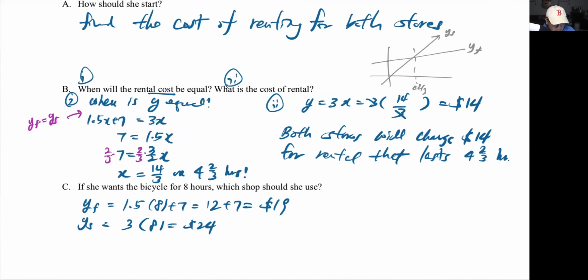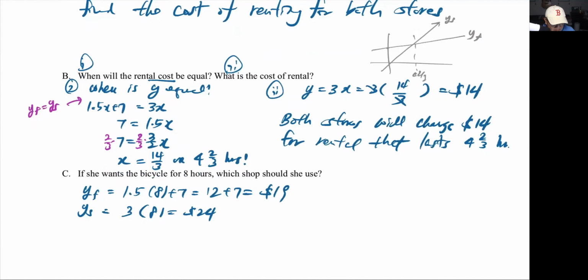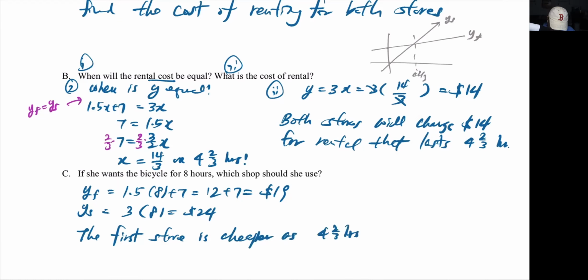So predictably, we need to say that what? The first store is cheaper after 4 2/3 hours.